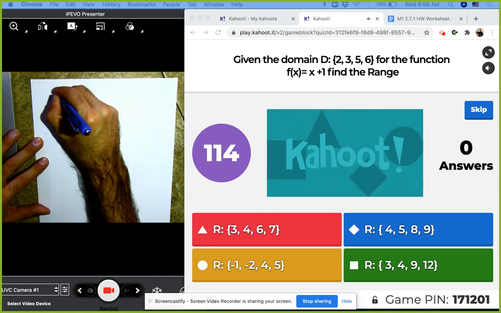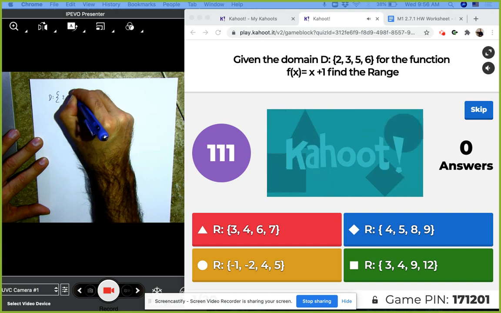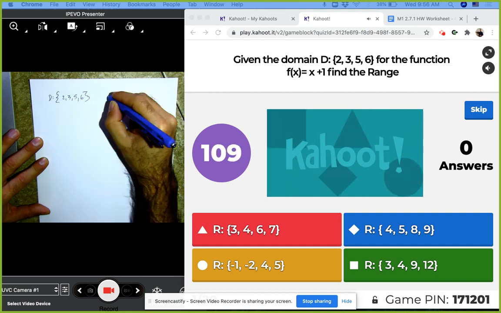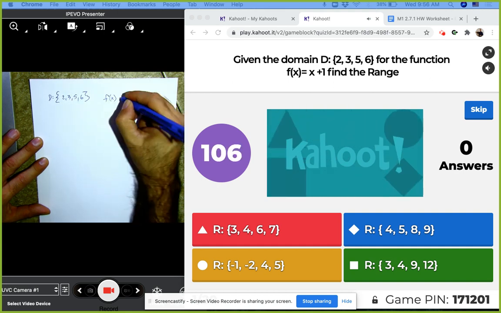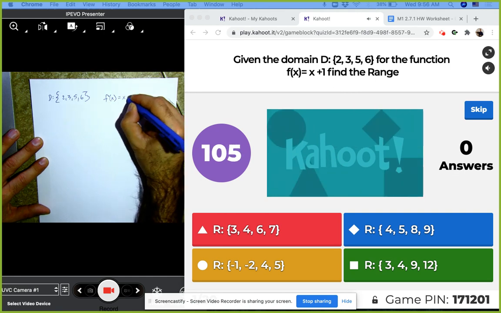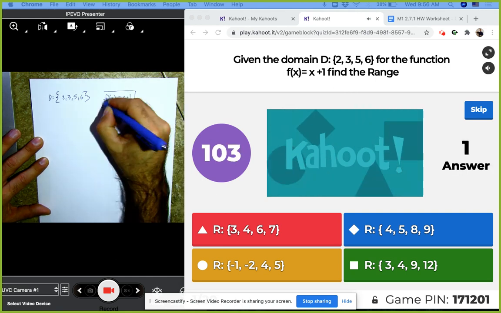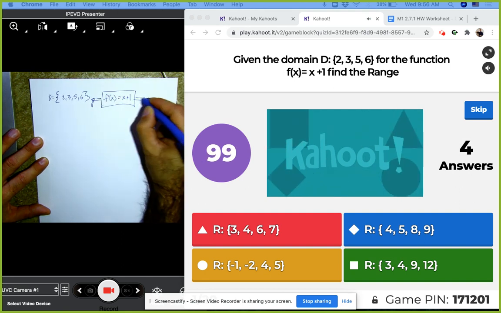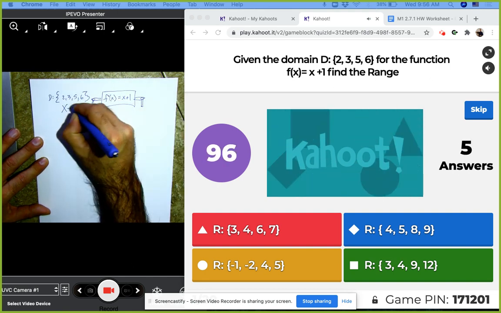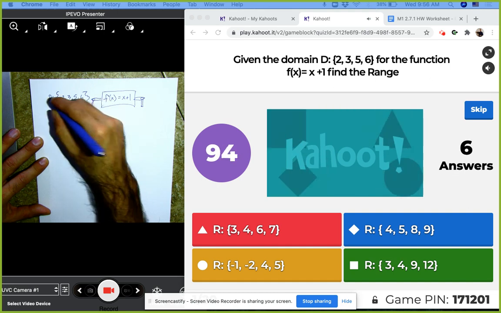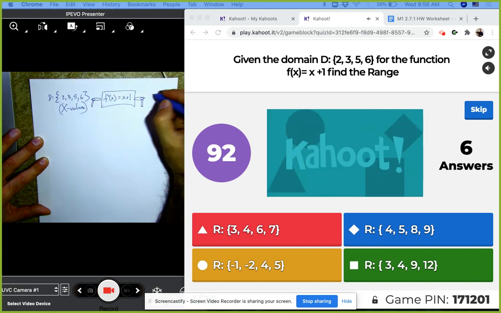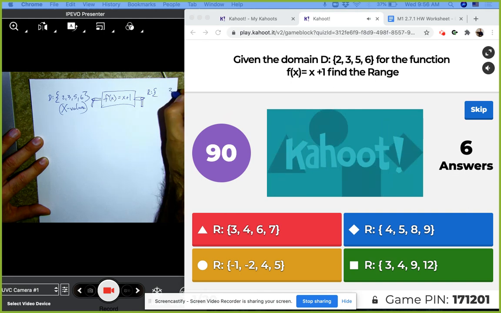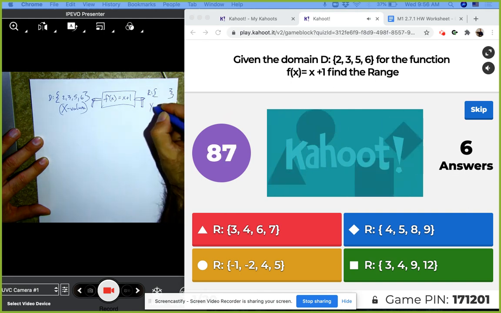If we have the domain, and we have this function, it's like our function machine. Okay? We put in our independent values, which is our x values. We know the domain is x values. And we're going to get a range.